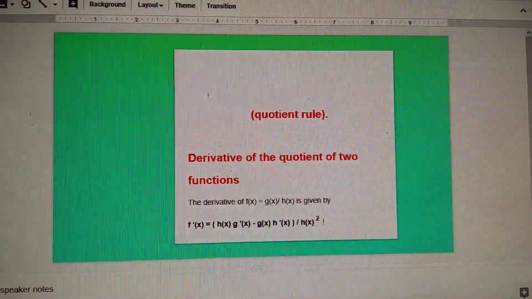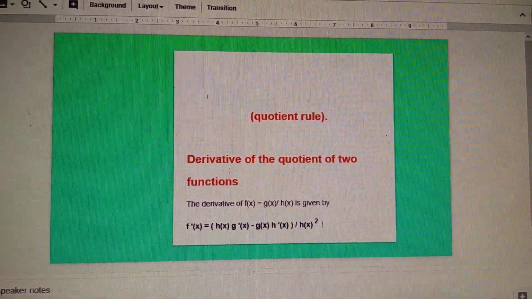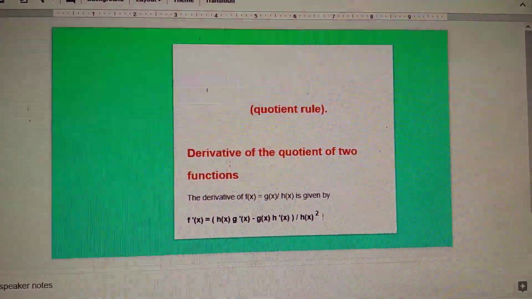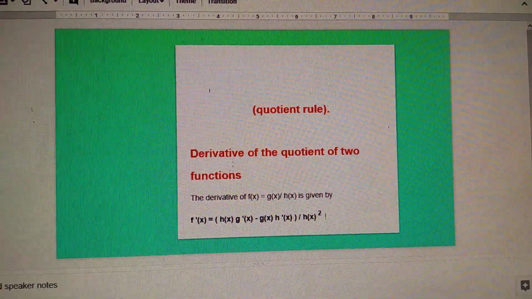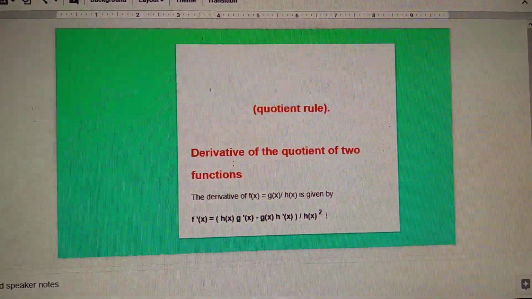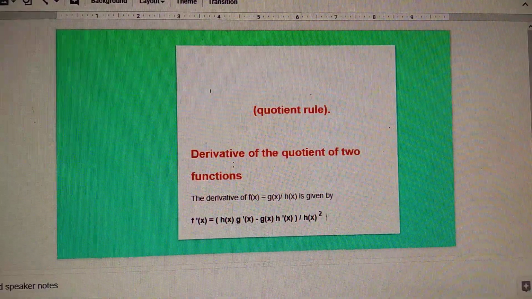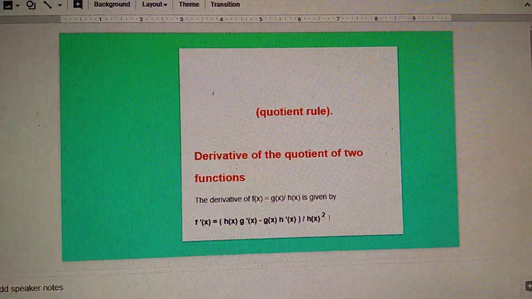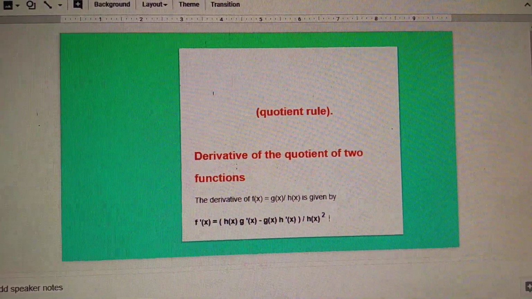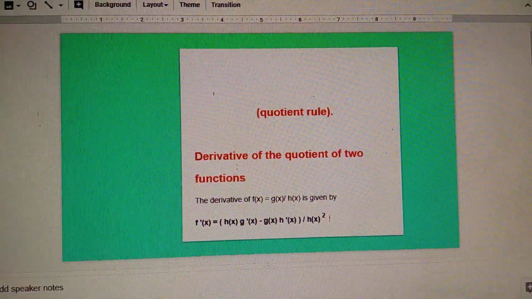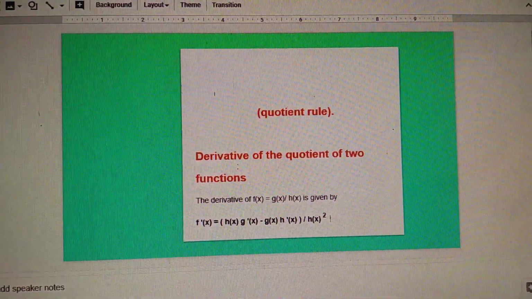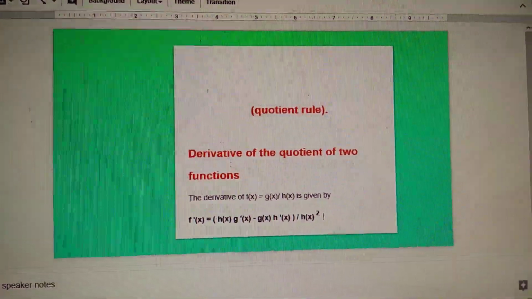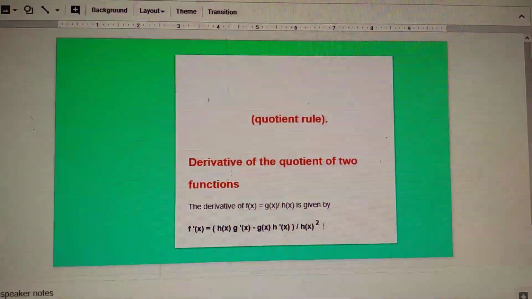Now the next working rule is the derivative of the quotient of two functions. Many times f is in terms of g(x) upon h(x), where g(x) is also a function and h(x) is also a function. Thus, if f(x) is equal to g(x) upon h(x), then f dash is equal to h(x) into g dash x minus g(x) into h dash x, upon h(x) whole square.